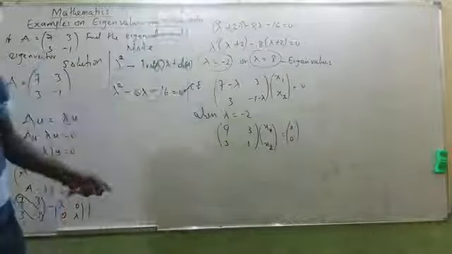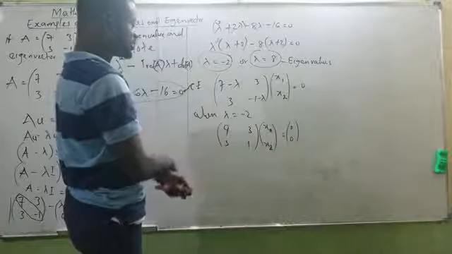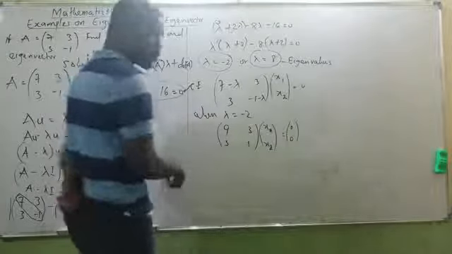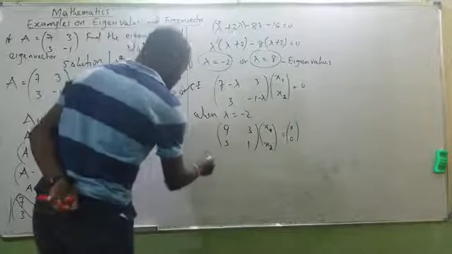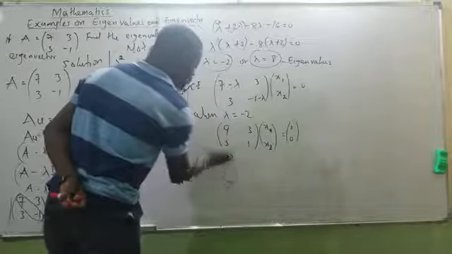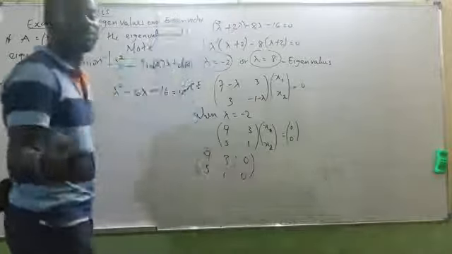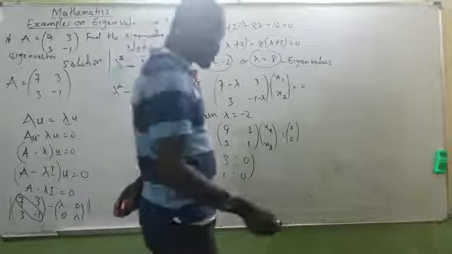Now, with what I'm having here, I can move on to the next thing I need to do. I need to generate the augmented matrix, which I'll be having 9, 3, 3, 1, and I augment it with 0, 0. I'm used to the Gaussian elimination method. Please take note of that.